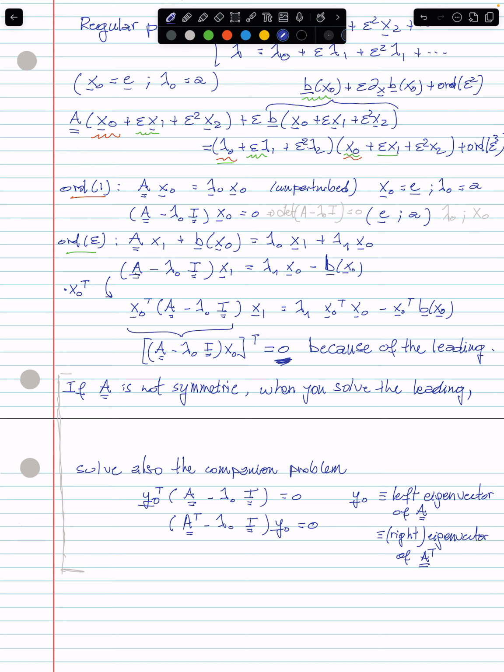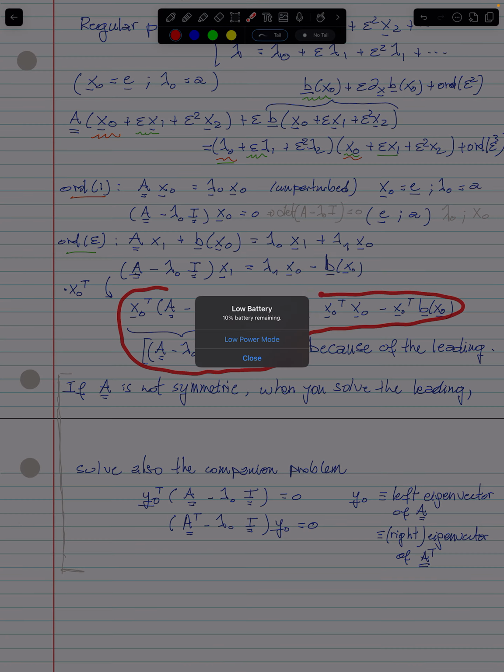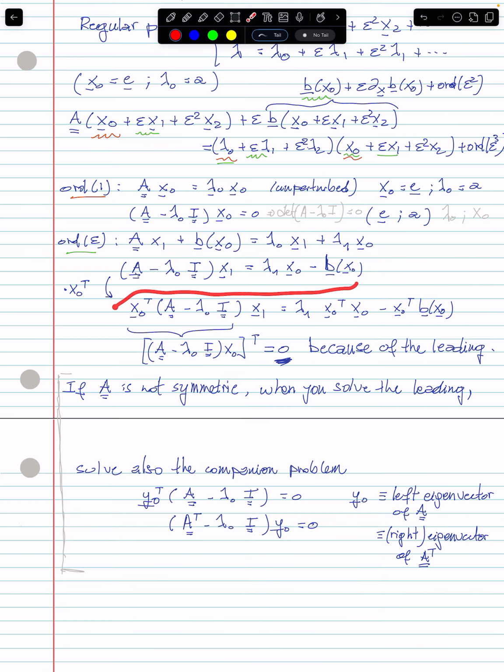So because I'm starting again from that equation, we see that we have projected the governing equation at the second order. We have projected that equation on x0 in this case. So we have 0 on the left-hand side, and so we just remain with the right-hand side being equal to 0. And so it means that lambda 1 multiplied by x0 transpose x0, which is the squared norm of x0, is equal to x0 transpose b x0.